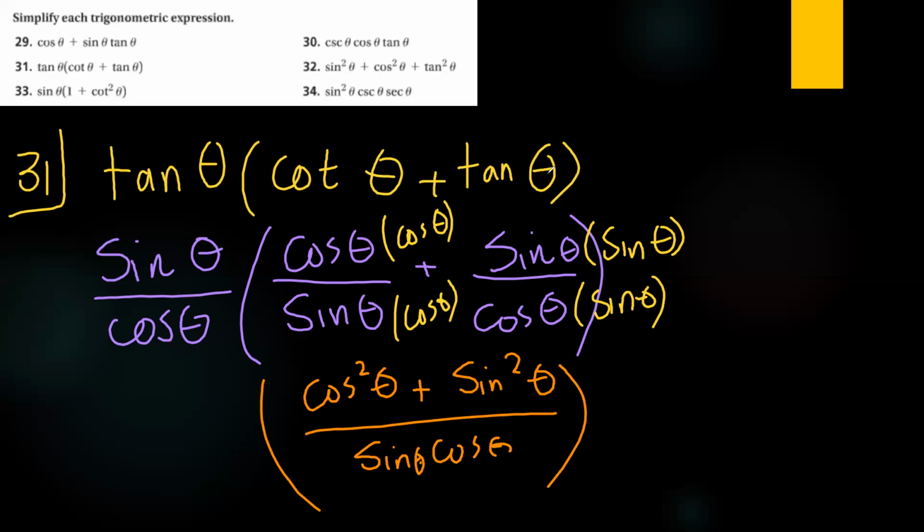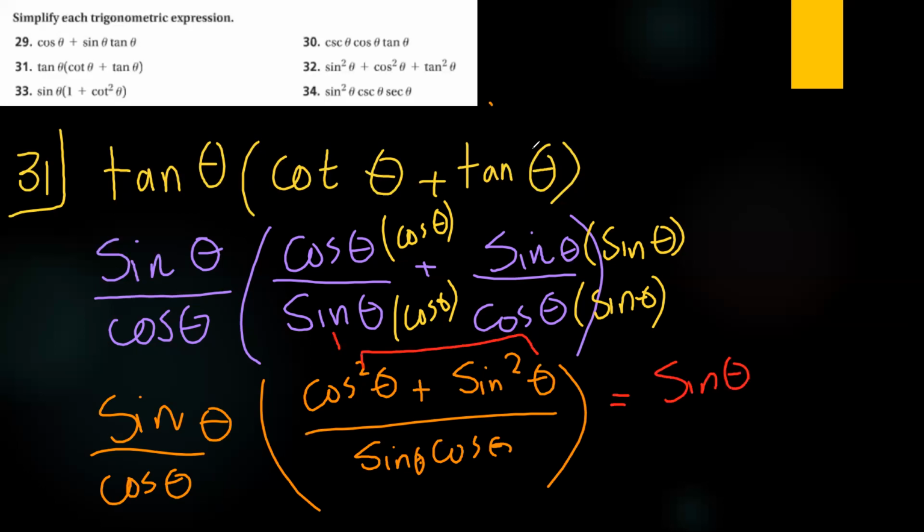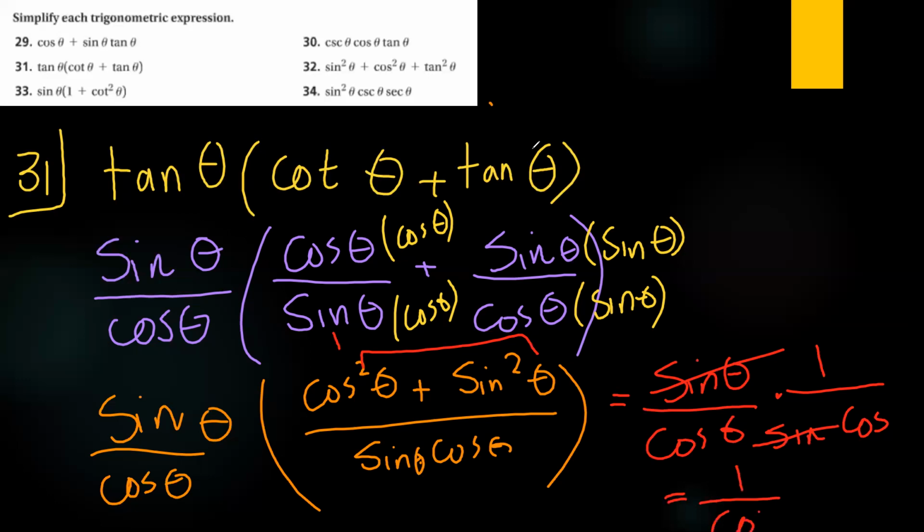Then, from Pythagorean identities, we know that sine squared plus cosine squared is 1. So we have it now as sine of theta over cosine times 1 over sine times cosine. Sine cancels sine. So we have it now as 1 over cosine squared of theta.